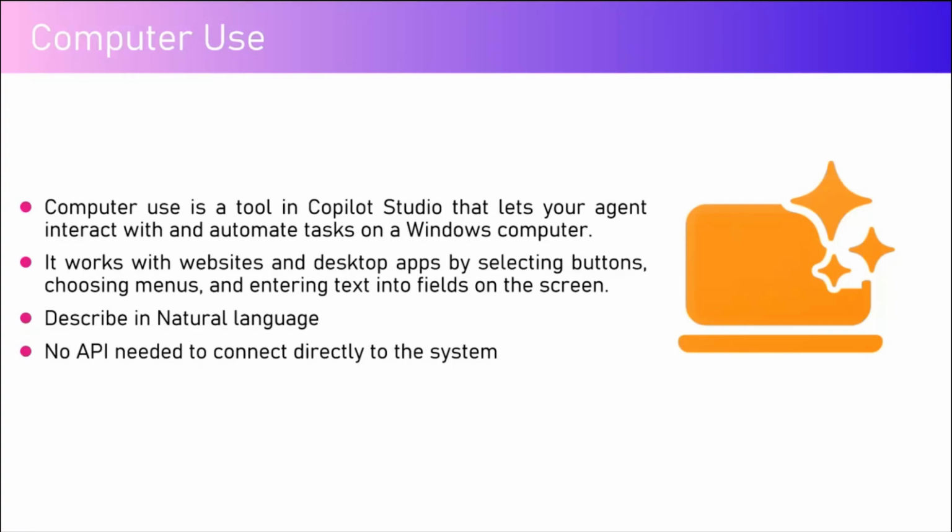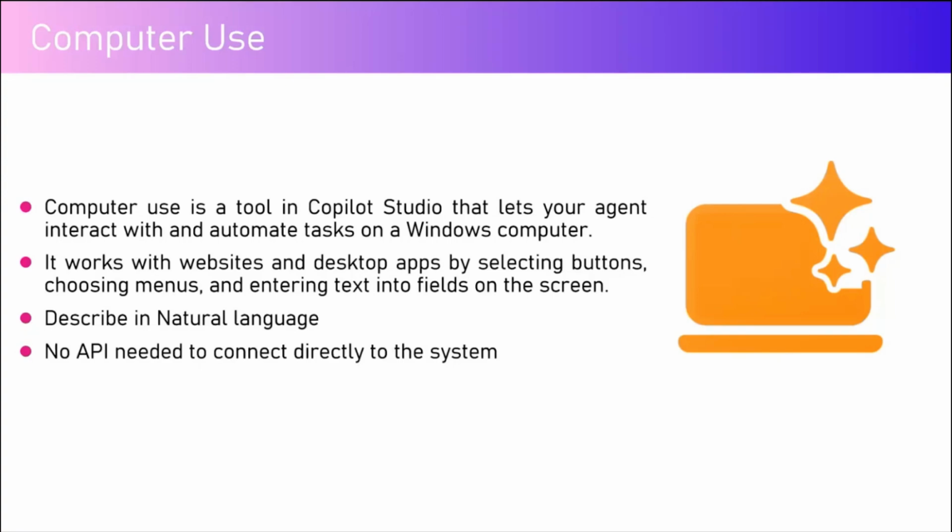And also if you have ever used Copilot in action mode, it will look similar to that. It will basically interact with your agent and automate the task on a Windows computer and on the website. So it minimizes the errors and reduces the manual effort. You can also define everything in natural language and no API is needed.